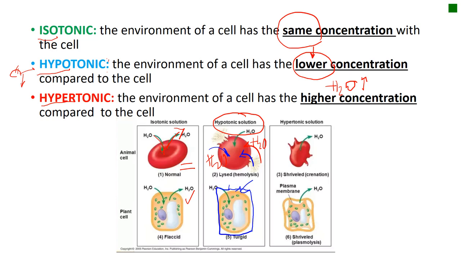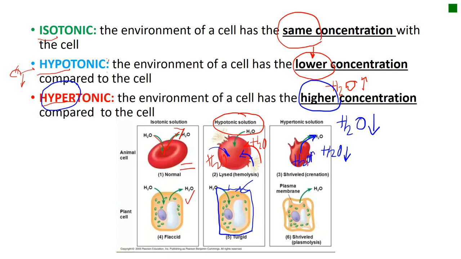The last one is hypertonic. In hypertonic, hyper means so high. It means that the environment of a cell has a higher concentration compared to the cell. Higher concentration means the water amount is so low. As a result, the water from the cell will get out to make it balance, because the water outside the cell is low, while the water inside the cell is high.